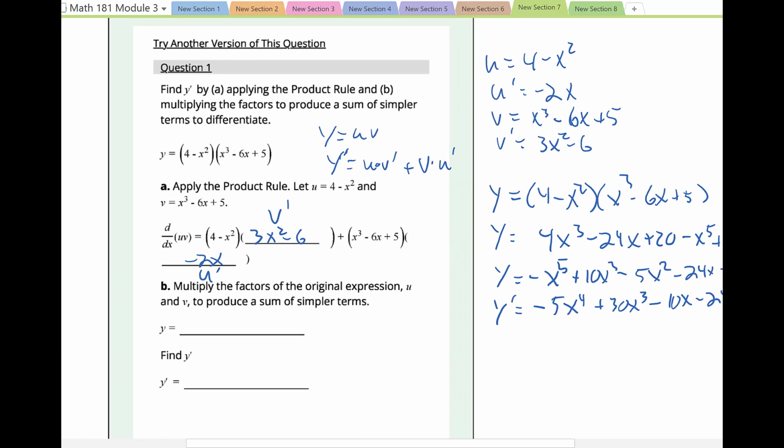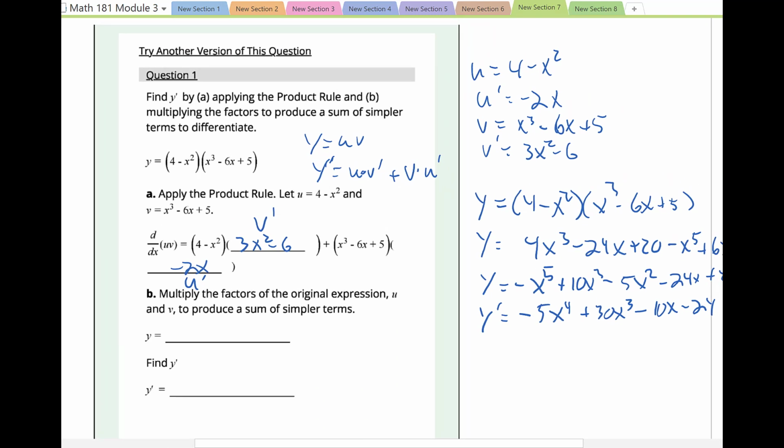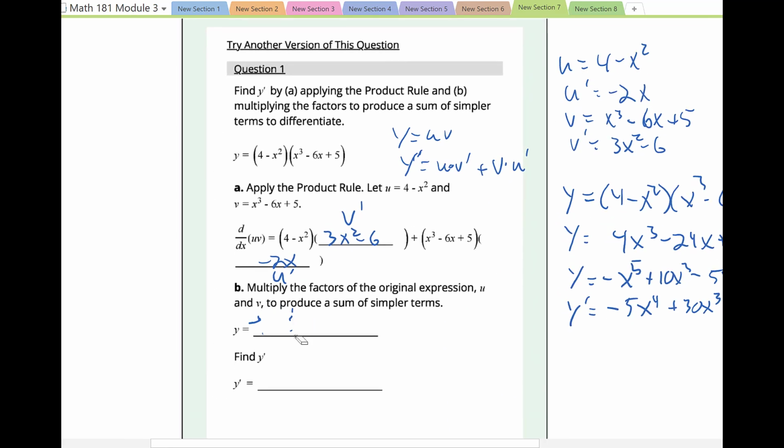So we come back over here and we can write this. The y was negative x to the 5th plus 10x cubed minus 5x squared minus 24x plus 20.